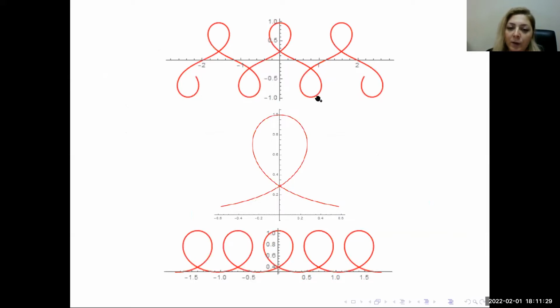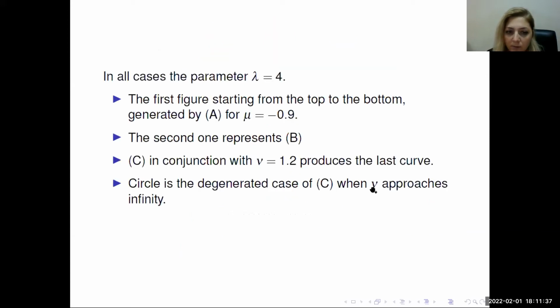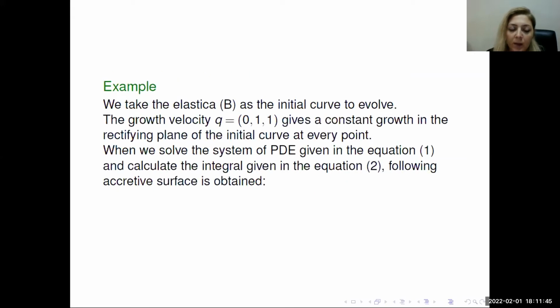Here we have the illustrations of the elastic curves in A, B, and C from top to bottom. In all cases, the parameter lambda is 4. We take the elastica B as the initial curve for an example.